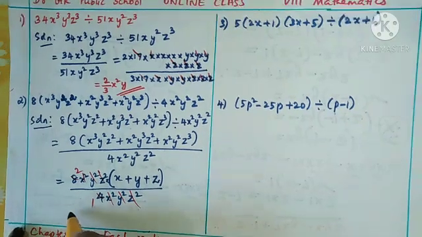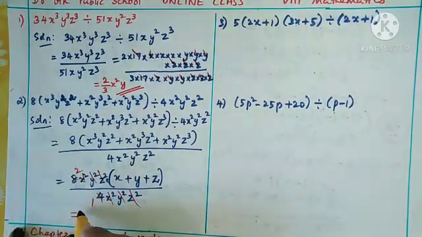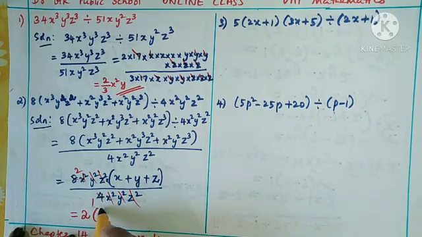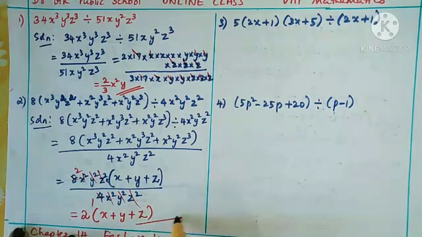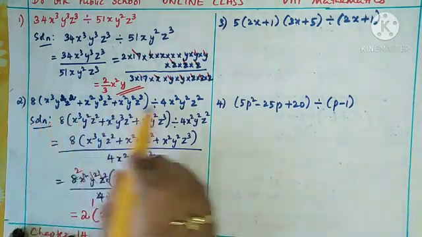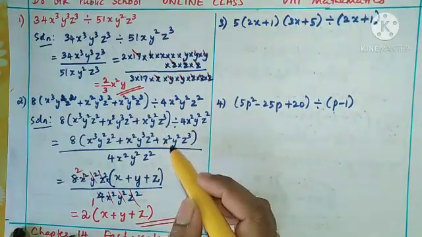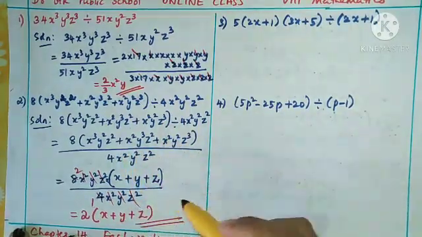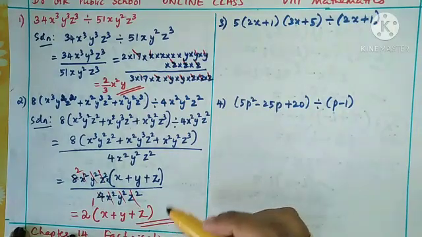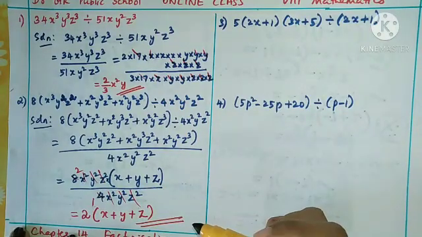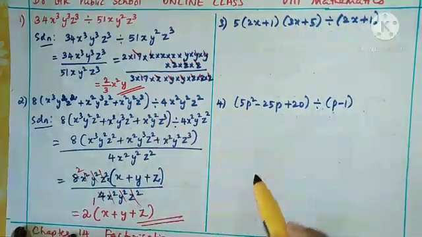Yes, that is equal to 2 into bracket x plus y plus z. So this is the simplest form of this division, that is reducing the terms by taking the common factor and cancelling, we get the required simplified form of the division.